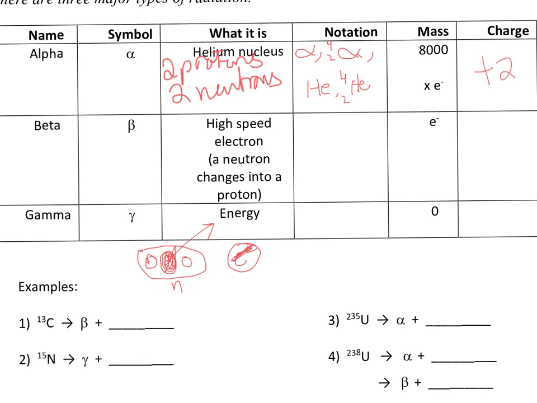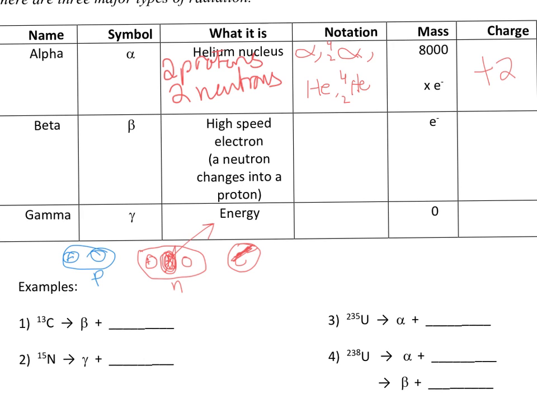And so what's left of your neutron is only two particles, the one that's positively charged and then the one that's neutral. So that's a proton. So the negatively charged particle leaves, is gone by itself, and what's left of it is a proton. So a neutron changes into a proton with a beta decay. And we'll look at an example of that in a minute.